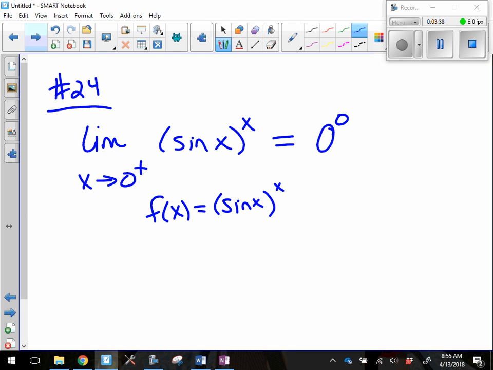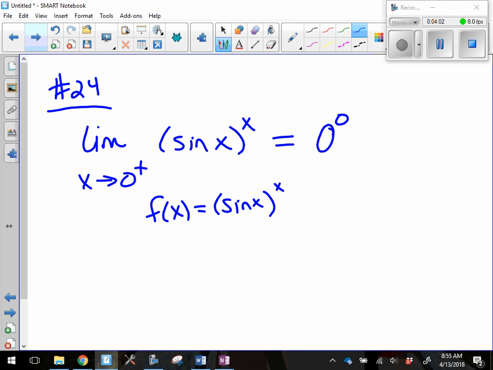How am I going to manipulate this? What am I going to do? We did it Wednesday when we had 1 to the infinity. What did we do?